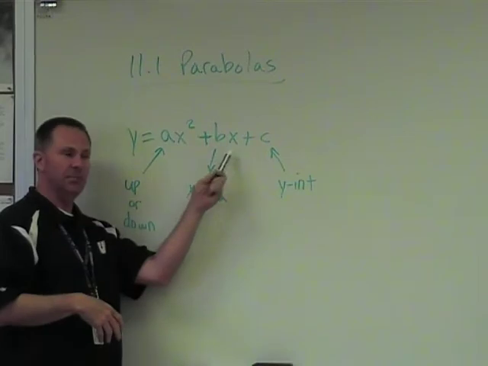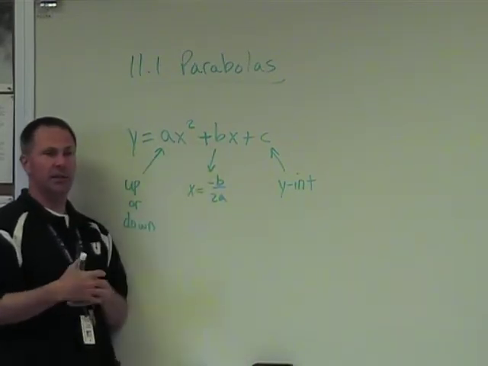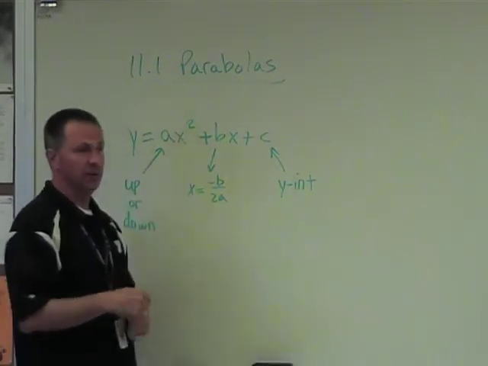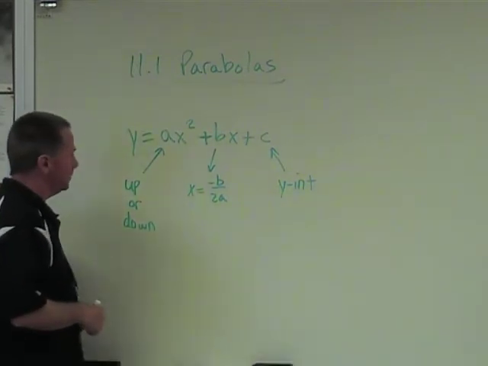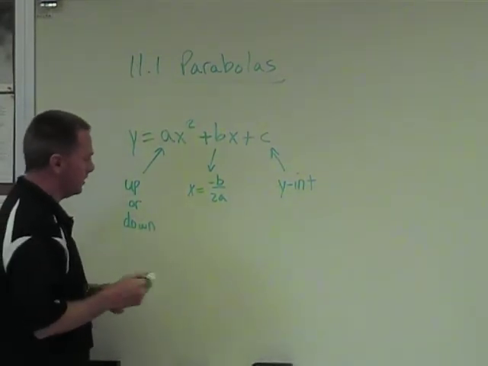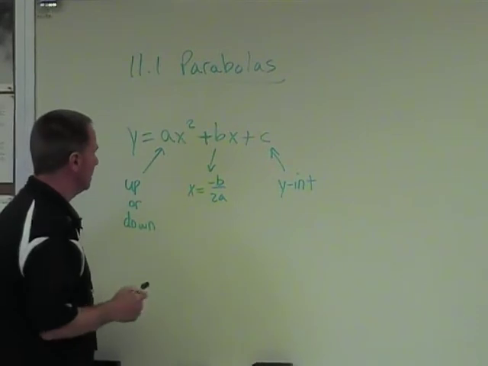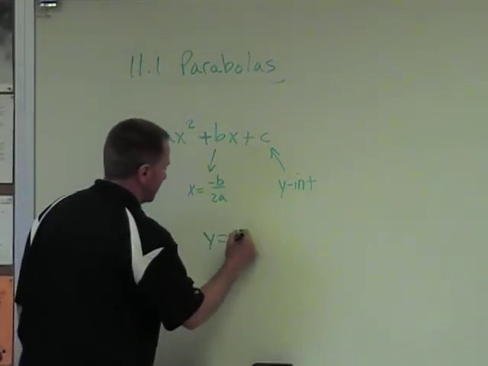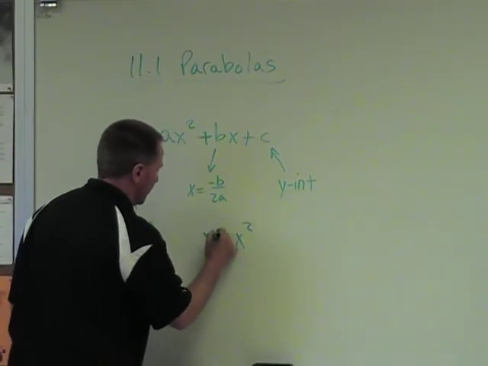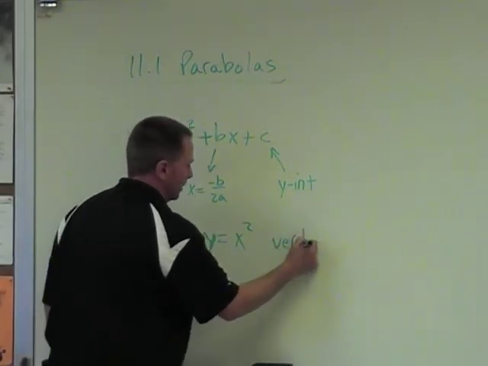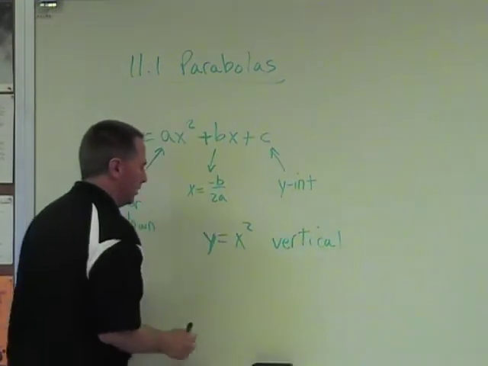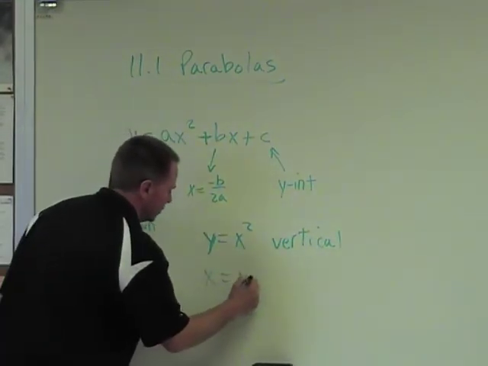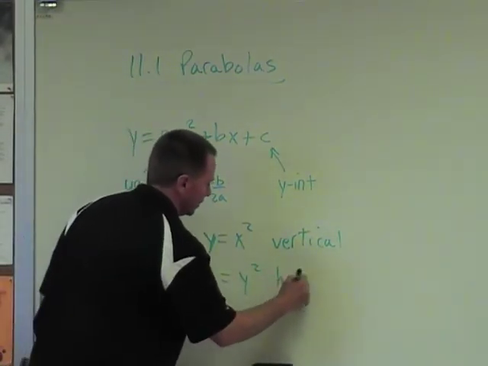You're not always given B. Sometimes C is not even there. Sometimes you're just left with y equals x squared. Let's just do the basic part. Y equals x squared is a vertical parabola. And then we have x equals y squared, which is horizontal.